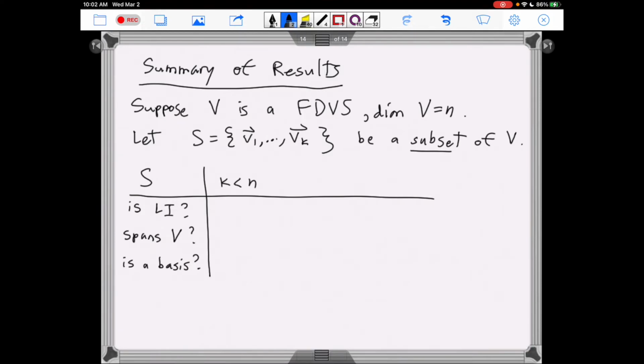So we're going to take cases here. What's going to happen if k is smaller than n, or if k is larger than n, or if k is equal to n?